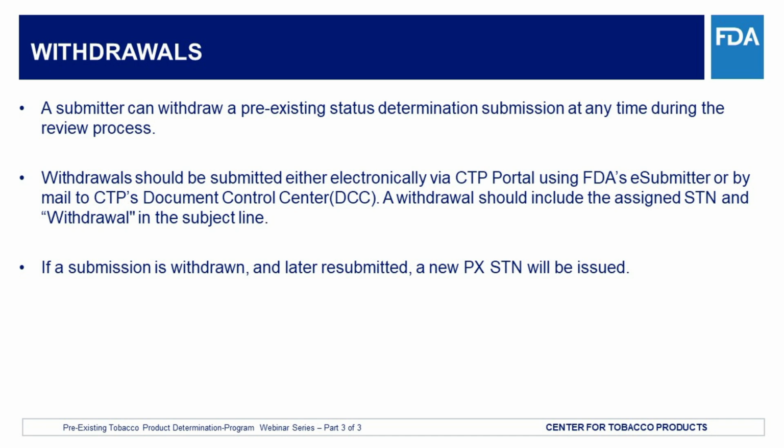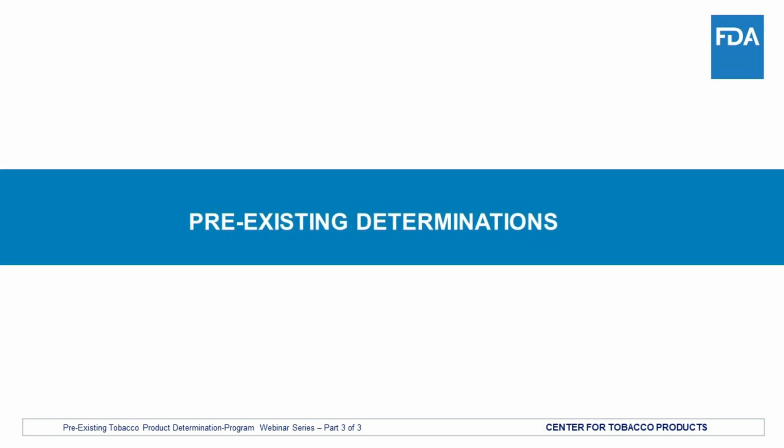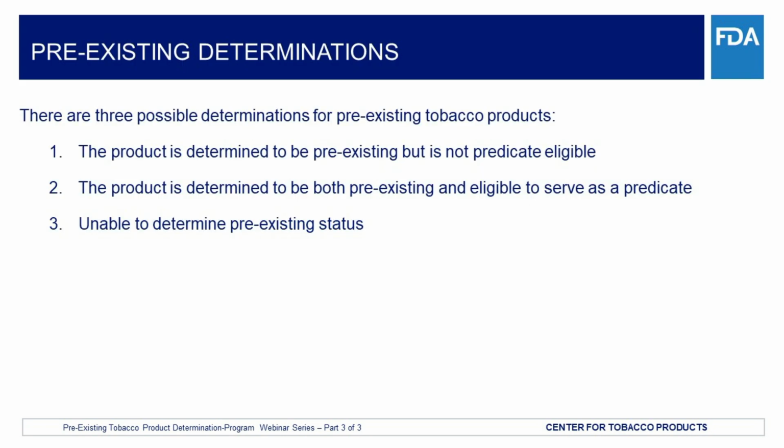Any withdrawn pre-existing submissions will be removed from FDA's Searchable Tobacco Products database. Now we will discuss the types of pre-existing determinations. Once FDA completes its review, the submitter will be notified by letter of the final determination.